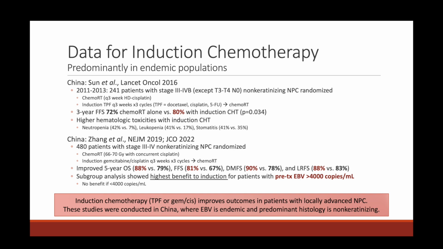The second trial used the induction regimen of gemcitabine cisplatin, and they found about a 10% improvement in the 5-year overall survival from 79% up to 88%. They found a significant improvement in the failure-free survival, distant metastasis-free survival, and local regional free survival as well.